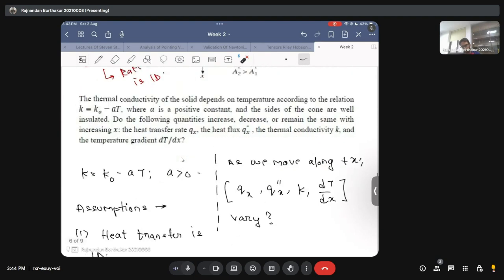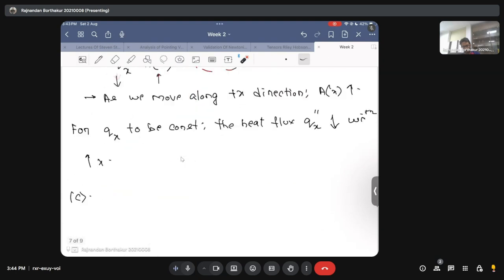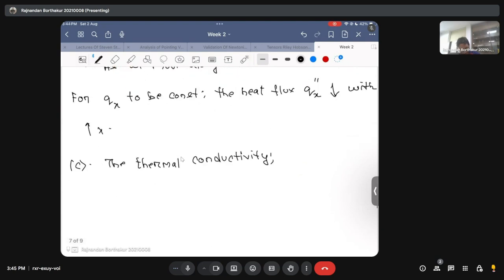Okay, so what they have said is that the thermal conductivity is not a constant, but rather it's a function of temperature, which has this particular form, which is k naught minus a times T. Okay, so the thermal conductivity K, it can be a function of x, it can also be a function of temperature, but in this particular problem they said that the thermal conductivity is not a function of space or x, but rather it's just a function of temperature.